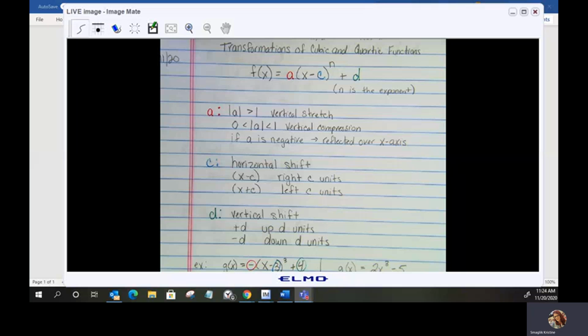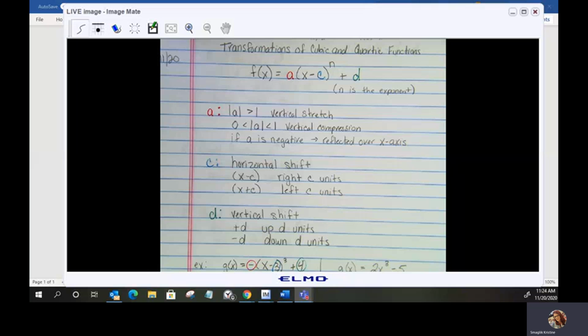Here we have a parent function of x to the third. It's going to be reflected across the x-axis, with a horizontal shift left 5 and a vertical shift down 2. So here we go. I'm going to write this as f of x. I'm just reflected. There's no stretch, no compression, so that's just going to be a negative.